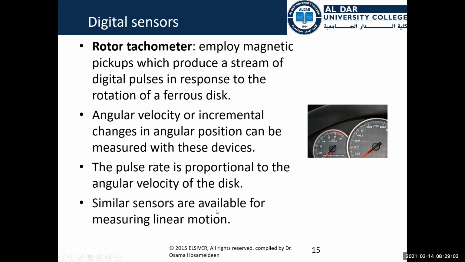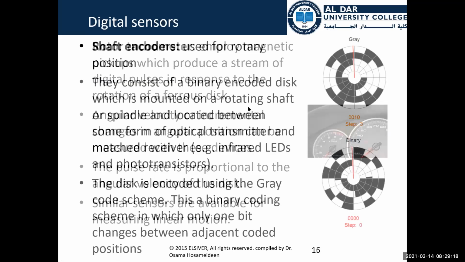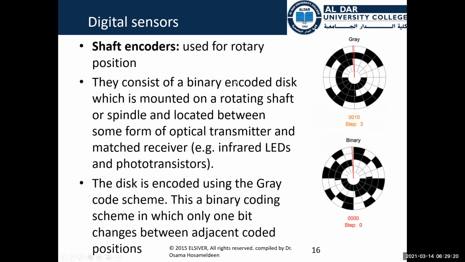Also, some kinds of sensors are used for measuring linear motion. It's all about motion, velocity, and speed. The rotor tachometer is used for this purpose. We also have the shaft encoders.